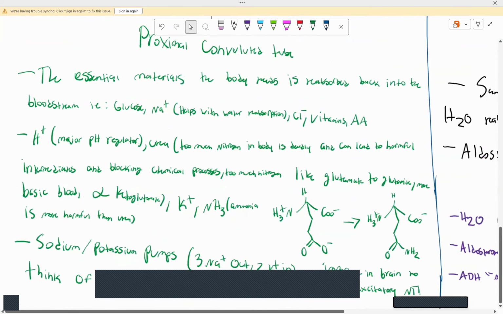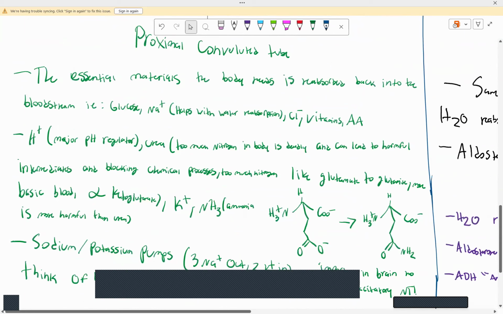Another thing to keep track of: the kidneys are a major regulator of your body's pH. Hydrogen ions, or protons, can get reabsorbed or excreted depending on your body's pH. I always like to think of the body as a special snowflake. Our ideal pH is around 7.4, so it will do as much as it can to keep that.